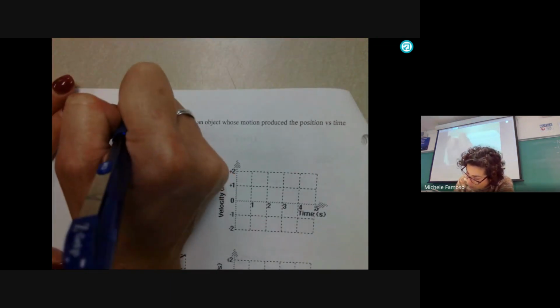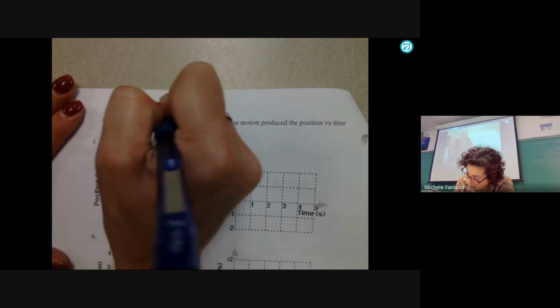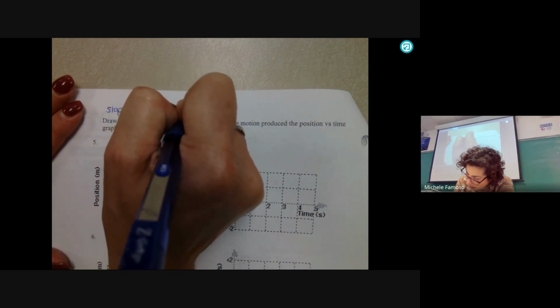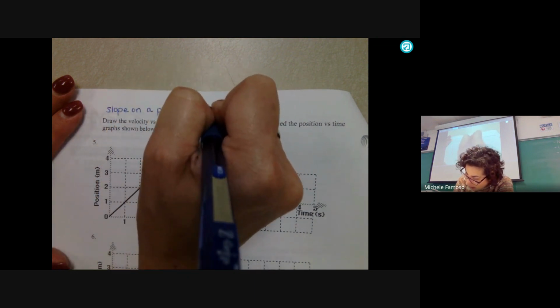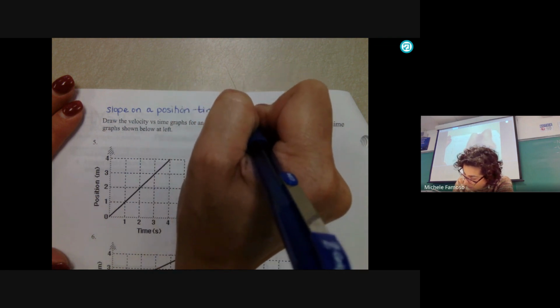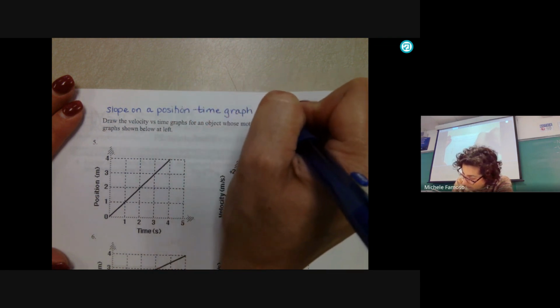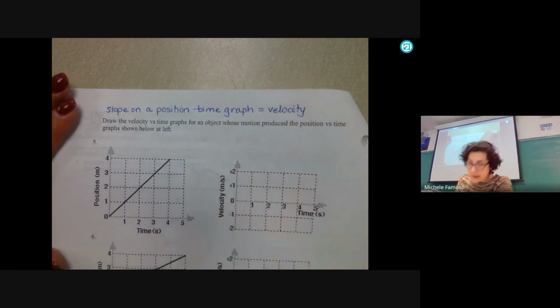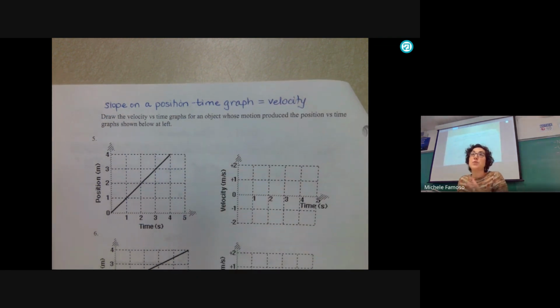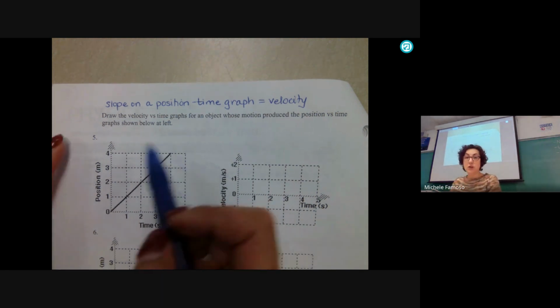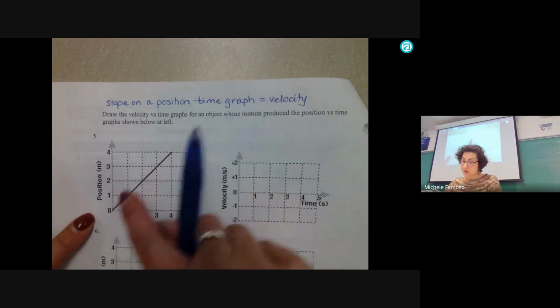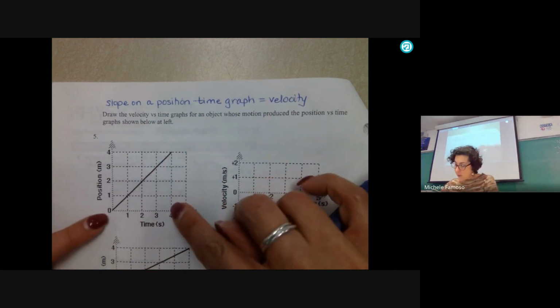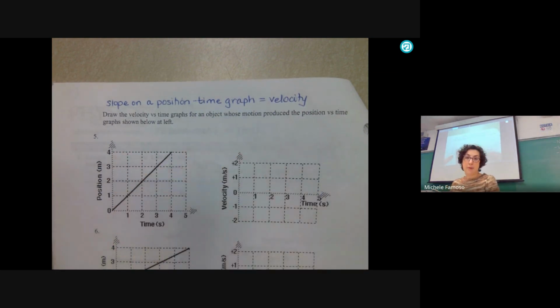The slope on a position time graph equals the velocity. And remember how you do a slope, it's rise over run. How much does it go up divided by how much does it go over? So let's look at this graph, and I'm just going to label the slope on the line. How much is this graph going up?